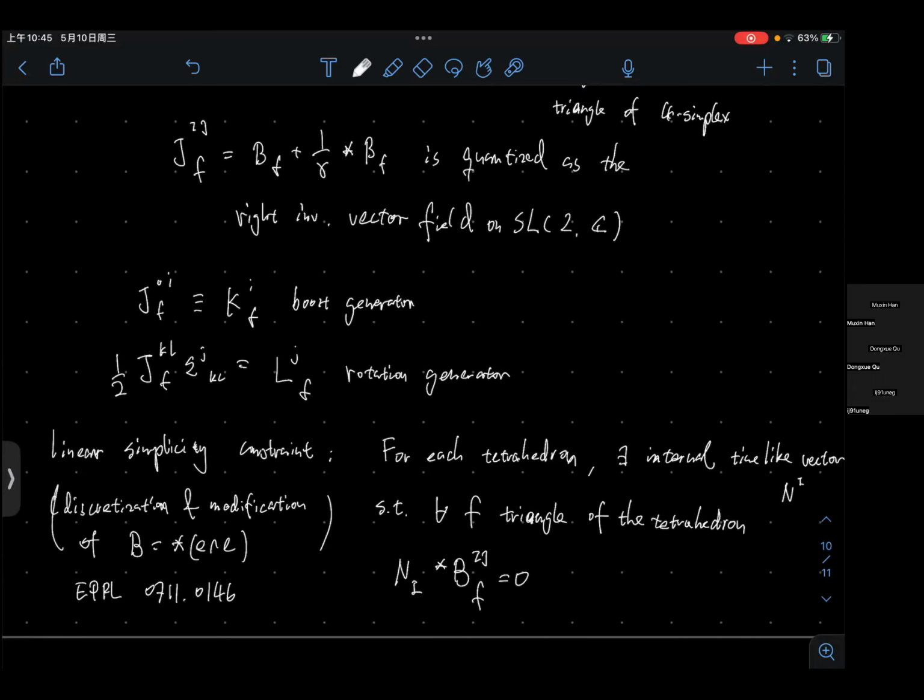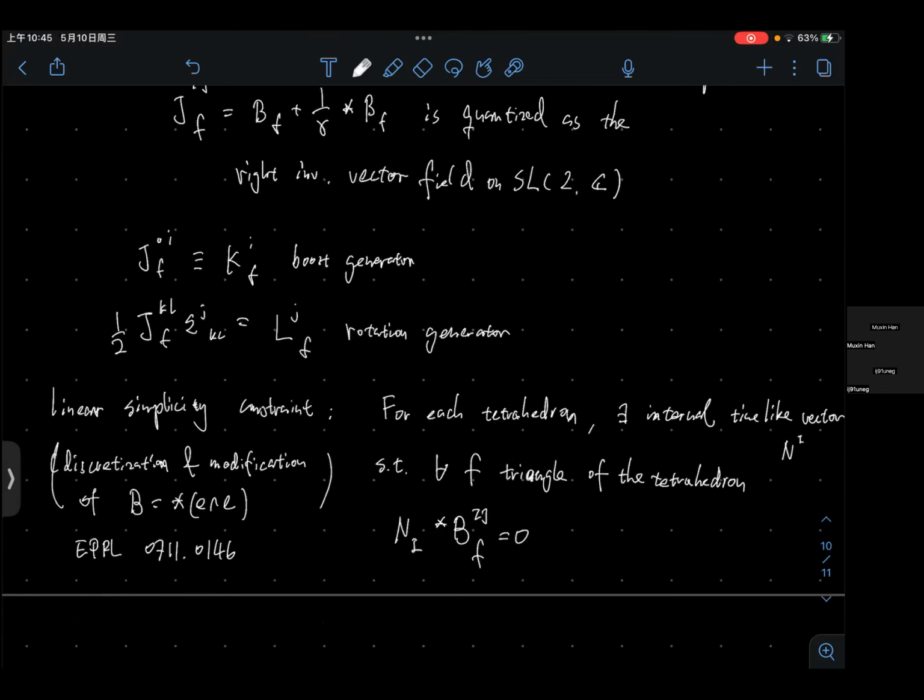Geometrically it makes sense. Indeed you can show that if you discretize the simplicity constraint, the solution of this linear simplicity constraint is also a solution of the one I showed earlier.